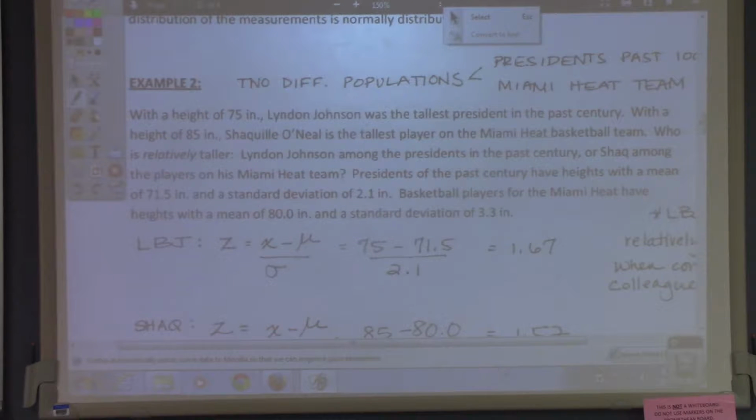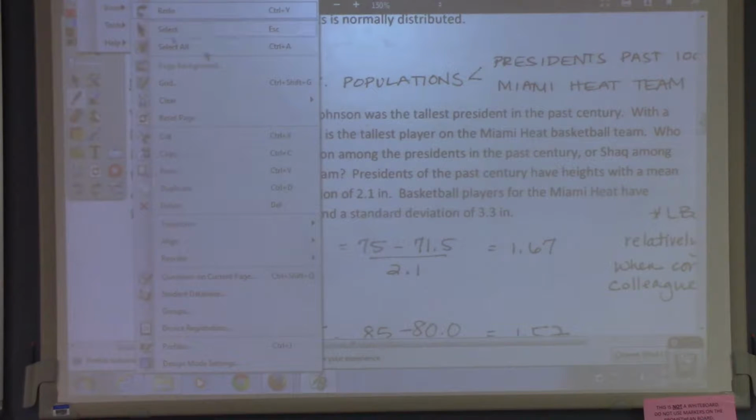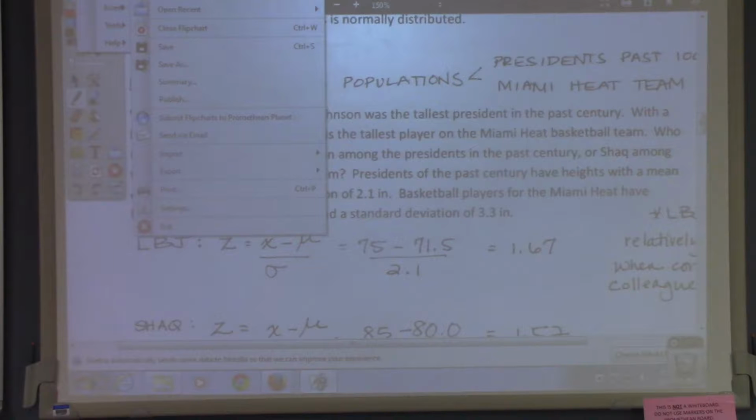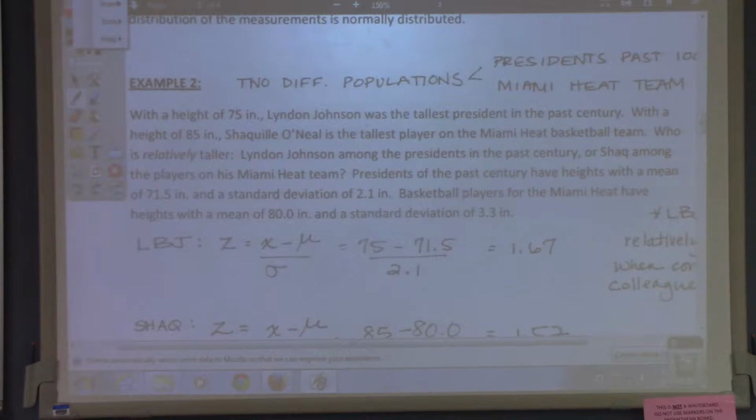When you read the question, it's going to say the standard deviation is, and it's going to say the mean is. When it gives you that, you're supposed to plug and chug into where it needs to go. You don't sit there and go, okay, the mean is 75, or let's see, I'm looking for the mean of the presidents.